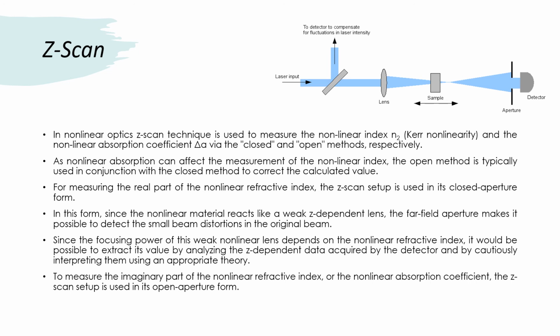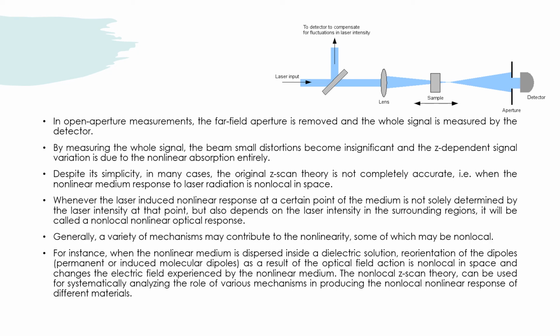To measure the imaginary part of the nonlinear refractive index, or the nonlinear absorption coefficient, the Z-scan setup is used in its open aperture form. In open aperture measurement, the far field aperture is removed and the whole signal is measured by the detector.